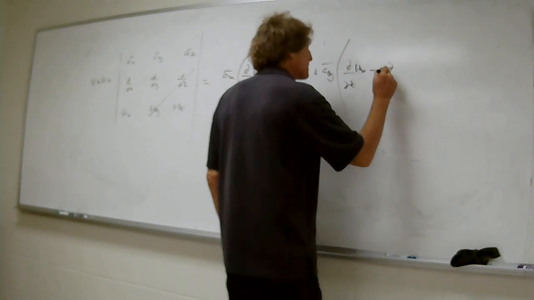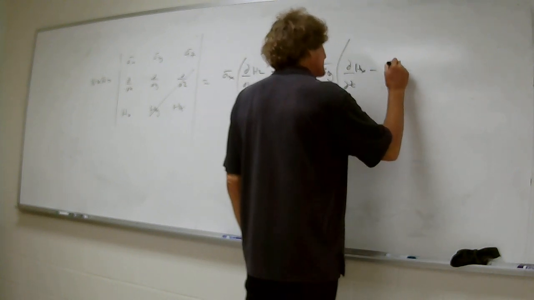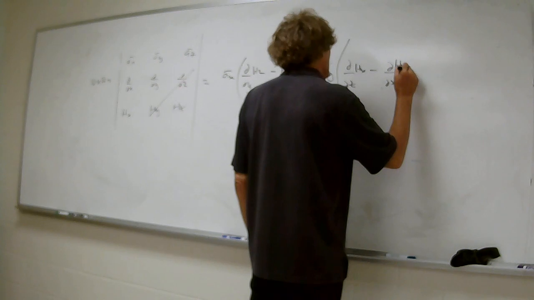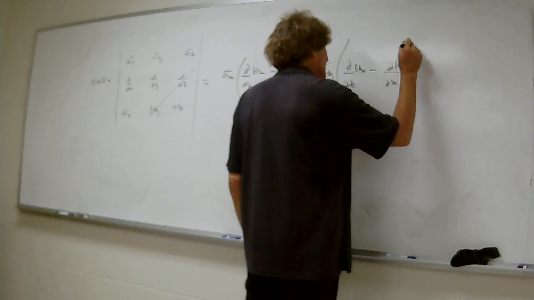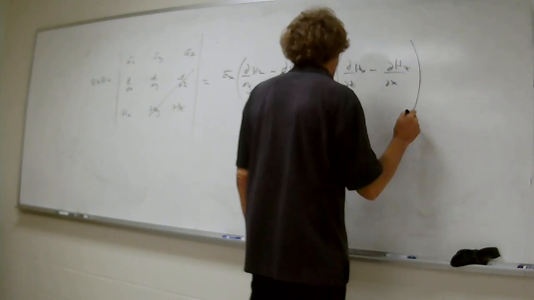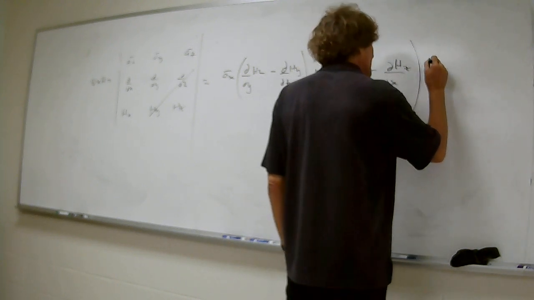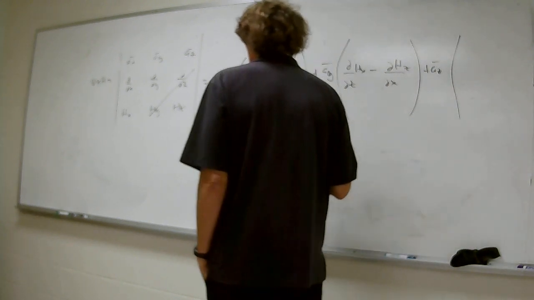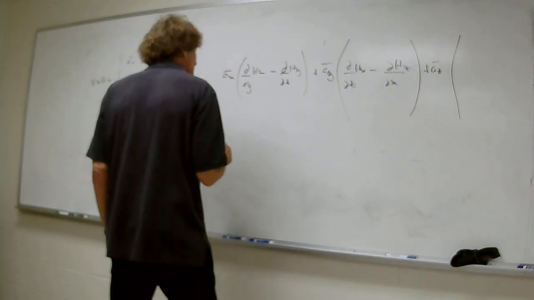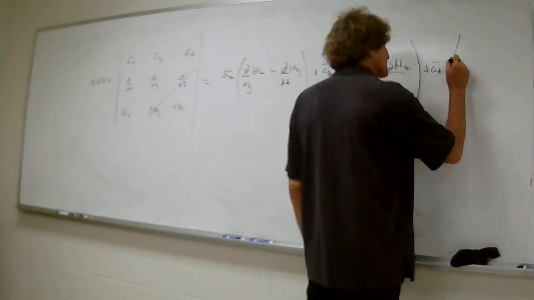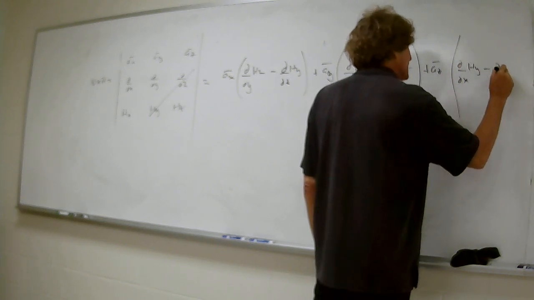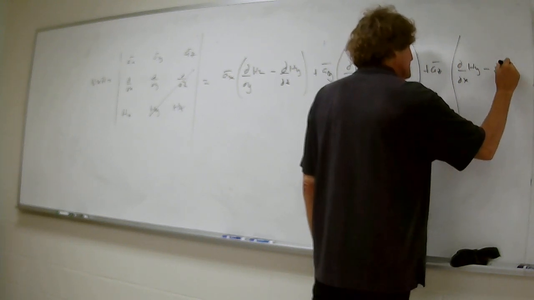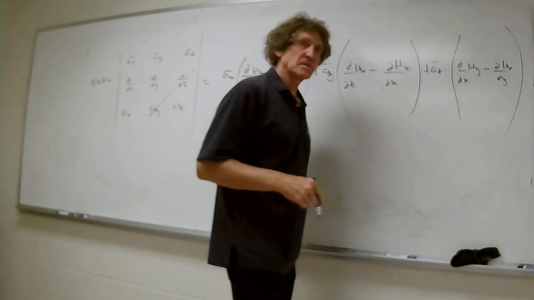minus d dx of Hz, and plus AZ here. And for AZ, it's going to be d dx of Hy minus d dy of Hx. Something to note here.